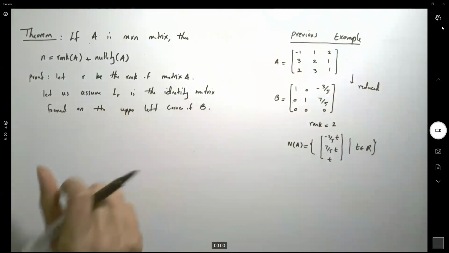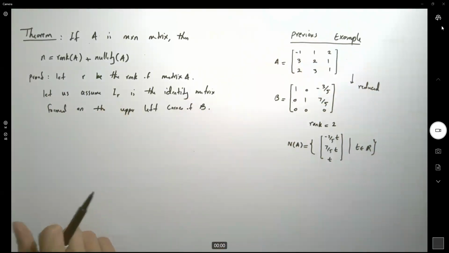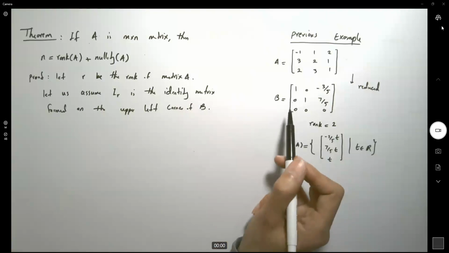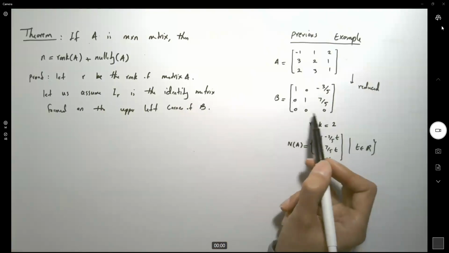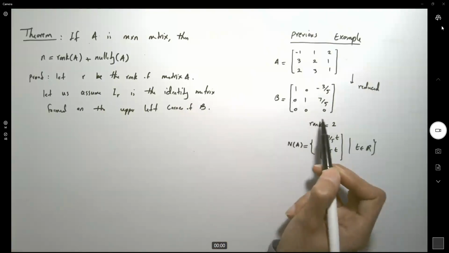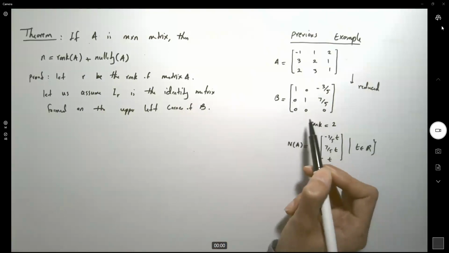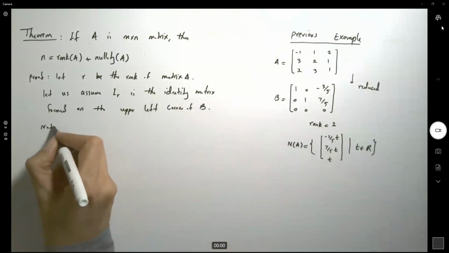So now think about it this way. The zero rows of B don't contribute to the solution. Note that.